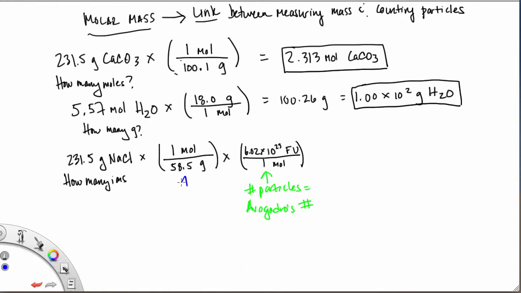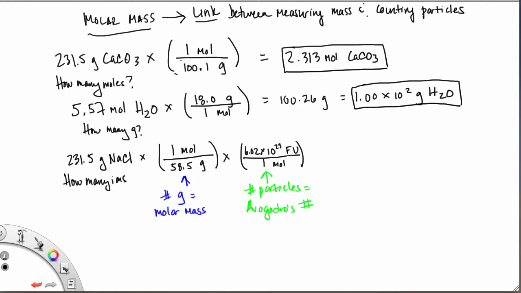Number of grams, we use molar mass. Keep that in mind, because I can't believe how many times I'll see students write in a conversion factor of 6.02 times 10 to the 23rd grams. No, it's always 6.02 times 10 to the 23rd particles, whether it's formula units, molecules, atoms or ions. So now we've converted to formula units.